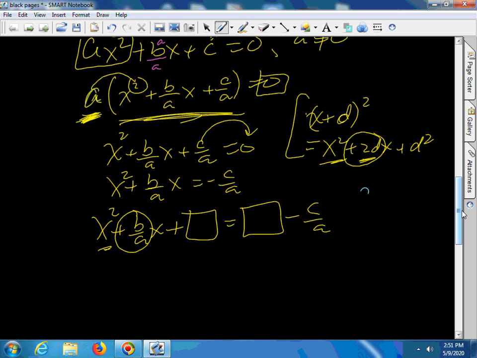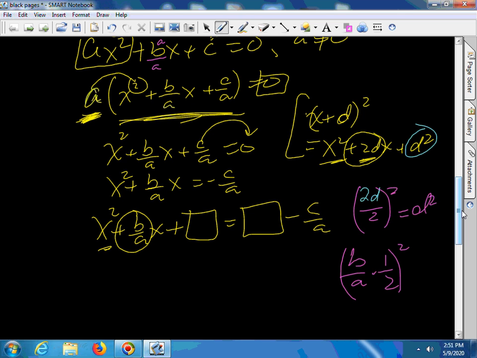Here is 2d. What can you do to it to get d squared? And one thing is you can divide it by 2, which gives you d, and then square it. So I'm going to take the b over a, and I'm going to divide it by 2. And it's easier than multiply by half. Divide it by 2, and I square it.